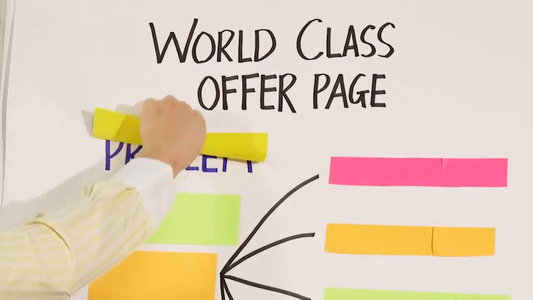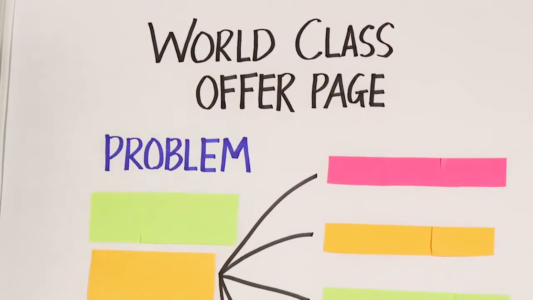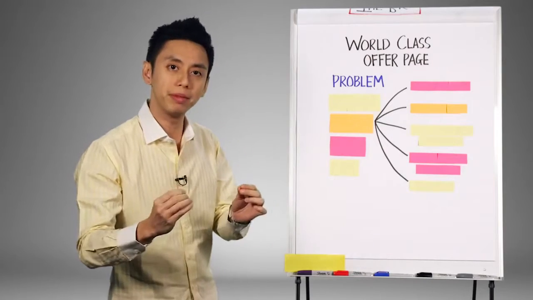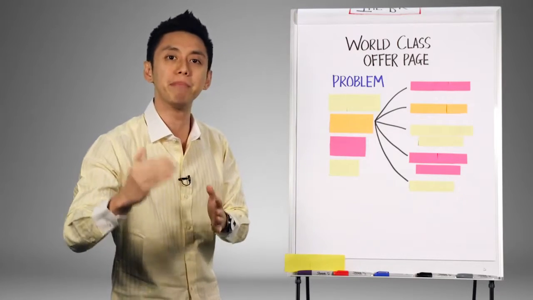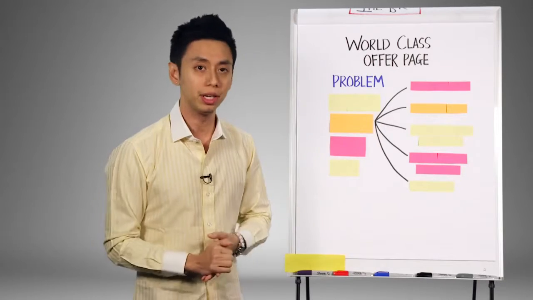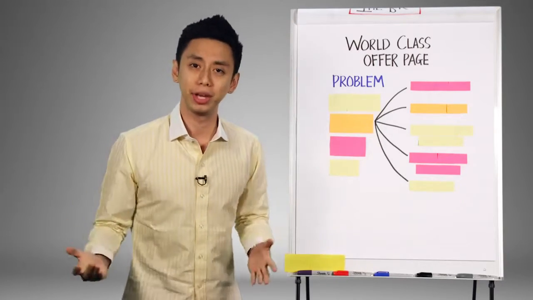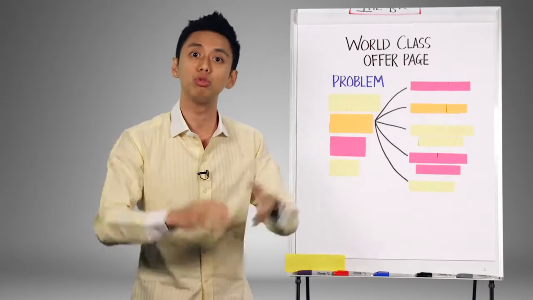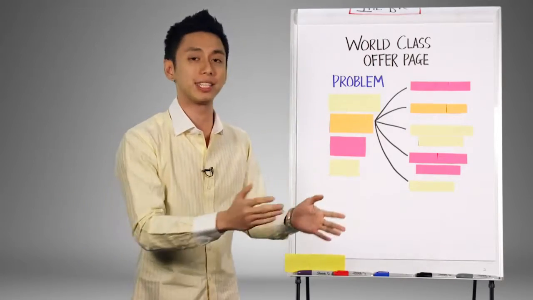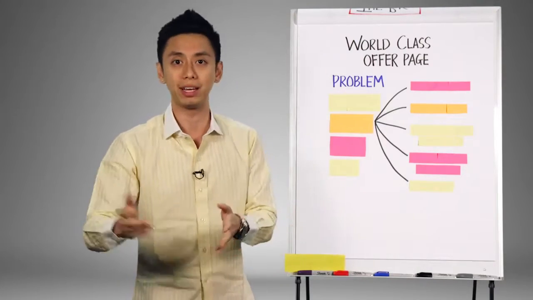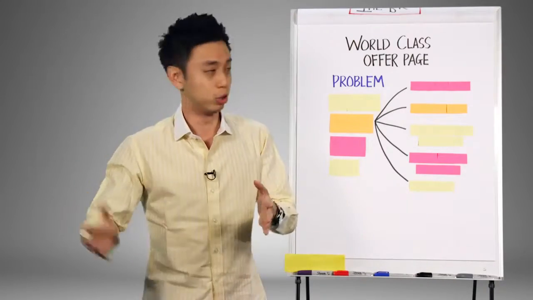A good offer page should always start off identifying the problem, that there's this urgent problem out there in that market, in that niche today. So for example, if it's in internet marketing, the problem that people are facing today is that they're going online, typing in how to make money online. There are about 2 billion search results, all asking them to do different things from drop shipping, eBay, Amazon, ClickBank, PayPal, in all these different ways.